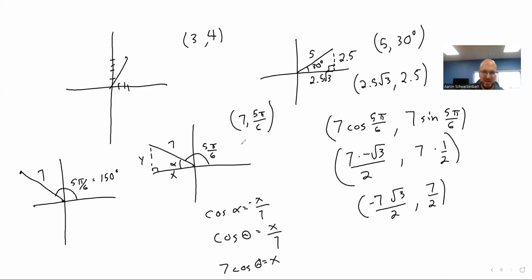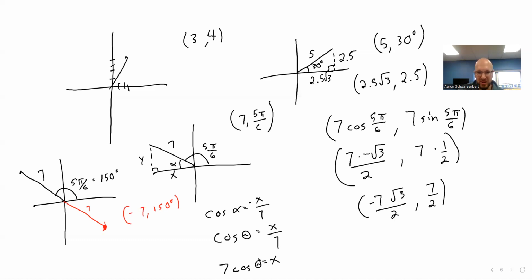If I say, let's do a different color, if I say here negative 7, 150, I go to my 5 pi over 6 and I just go the opposite way, 7. I guess this isn't a vector. This isn't a vector. It's no arrow on the end. It's a point. Okay.